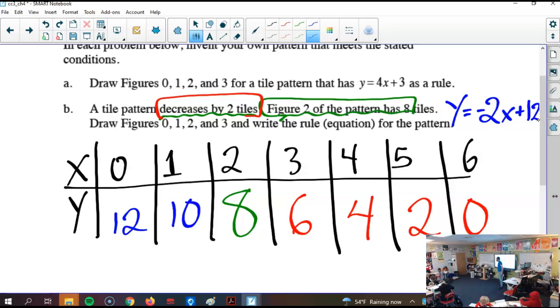If you look at 0, that's 12, next one goes 10, and 8. Add these 12, add these 11, add these 10, add these 9, 8, 7. Interesting. 6, 5, 4. All right, that is all the time we got today, guys.